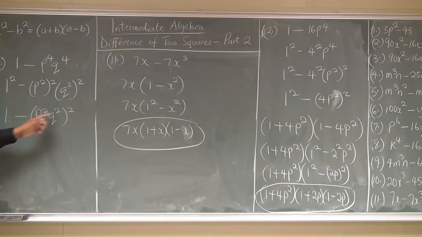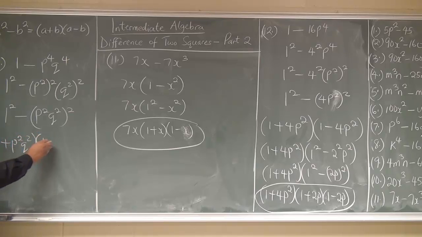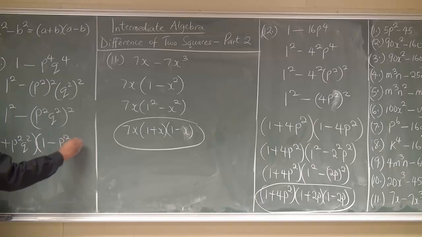See that? You've got to take it gradually, and you have to make this as an entity. You have to do that. So here we now have that our A is 1 and our B is p squared q squared. So this will be 1 plus p squared q squared, and then 1 minus p squared q squared.